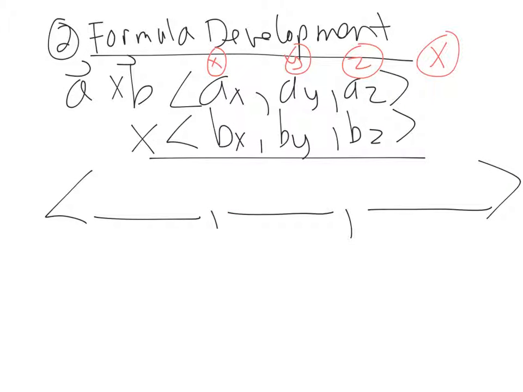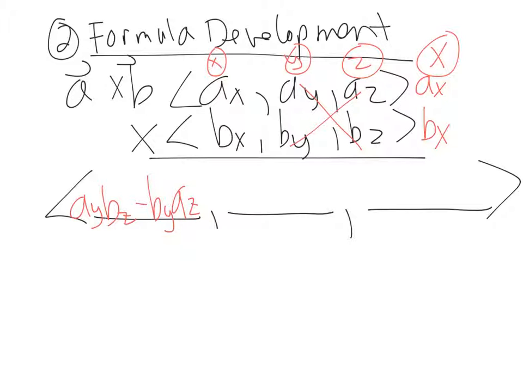So let's do this just with the formula, right? So we can do this now. This will be AX, and this would be BX. So again, to get the X component, I am going to do Y and Z. So I'm going to have AY times BZ minus BY times AZ.